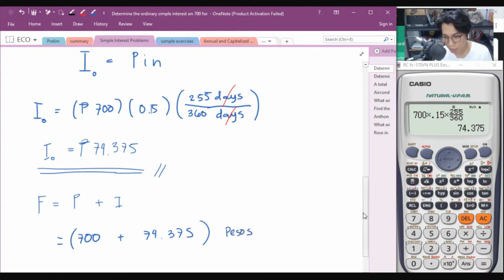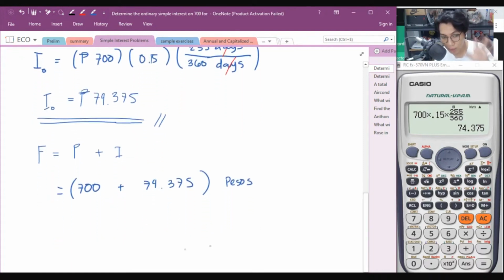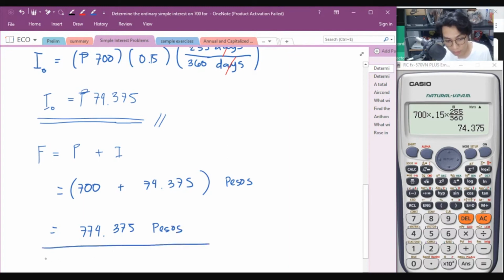So, the future worth, or after 255 days, your principal of 700 will become 774.375 pesos.